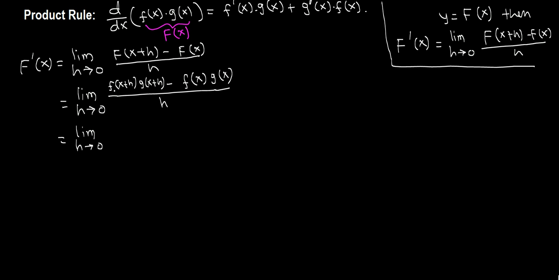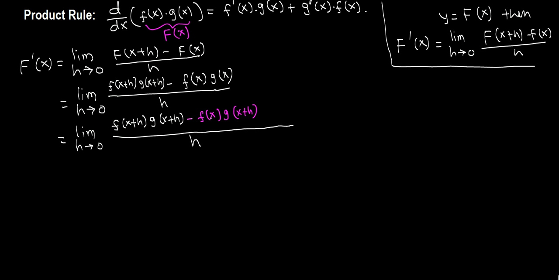So I want to add and subtract something on the top, then you will see we will have the definition of lowercase f and lowercase g. So I have f of x plus h g of x plus h. I want to subtract something. Okay, I want to subtract f(x) g(x plus h).